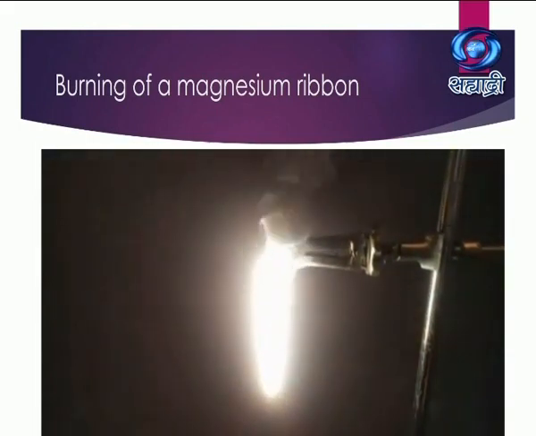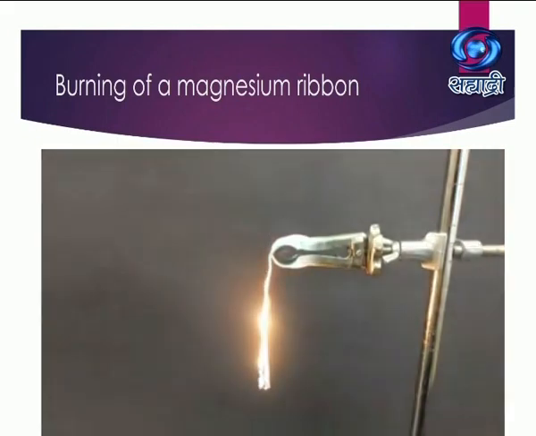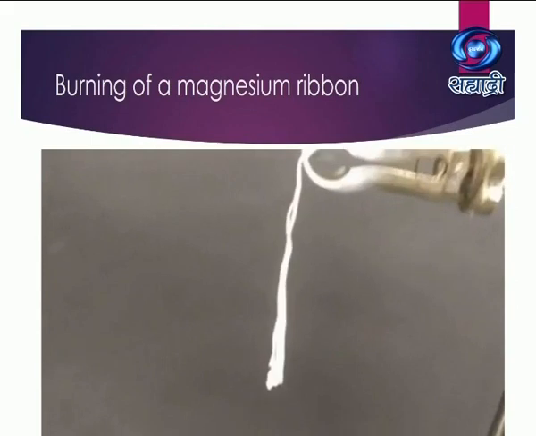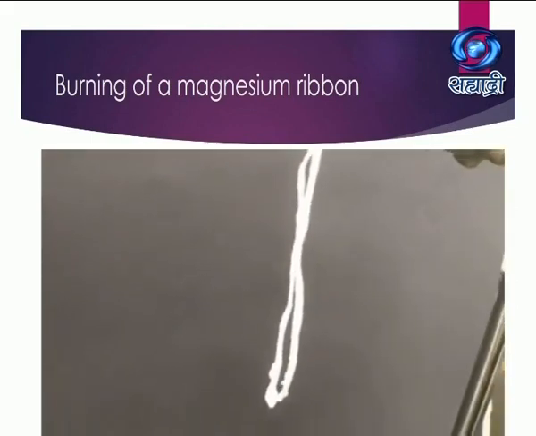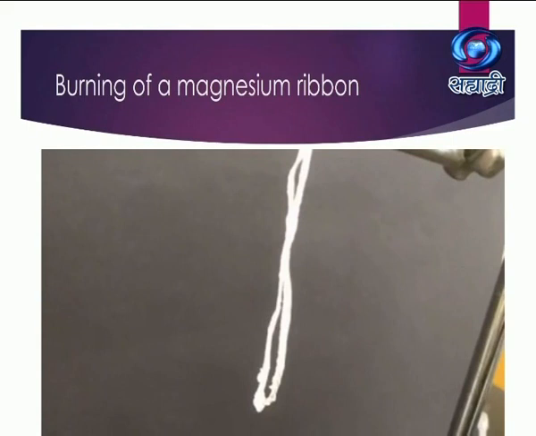Here magnesium is burning and the oxygen which is present in the atmosphere is reacting with it, and a white powder of magnesium oxide is formed. A very quick reaction of combination reaction type, that is burning of magnesium ribbon.